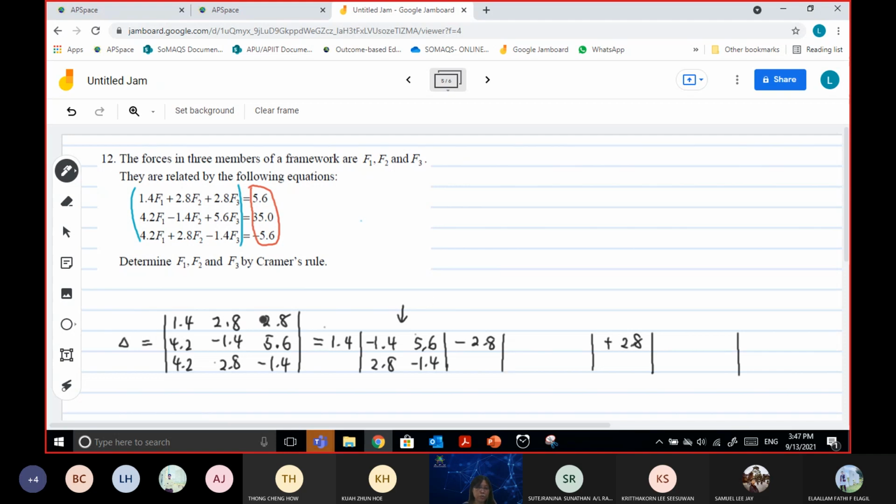Okay, 4.2, 4.2, yes. Then 5.6, negative 1.4. Okay.